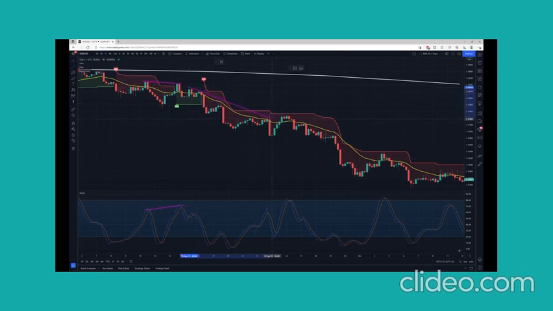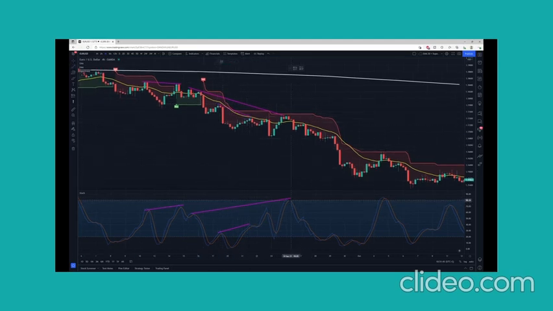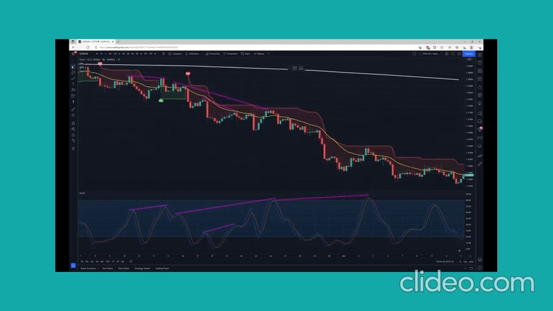We see it here, we can see it here, and if we draw it in, we look at this peak right here, we see it going over here, we get a much higher point on the indicator, and at the same time we're getting a lower high on the price action. So you can see it happening quite frequently along this downtrend.